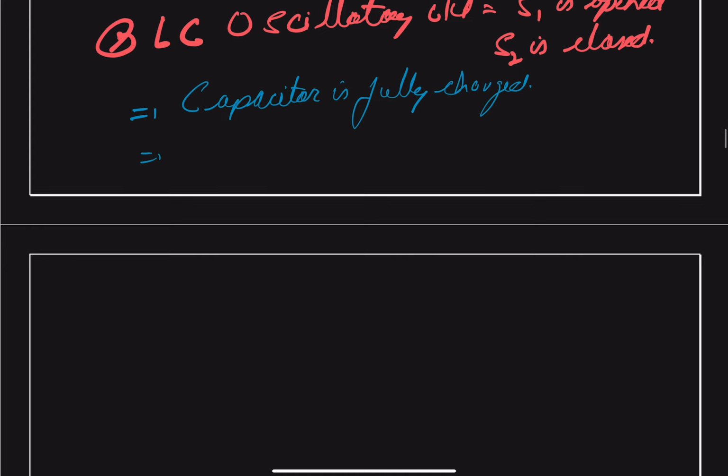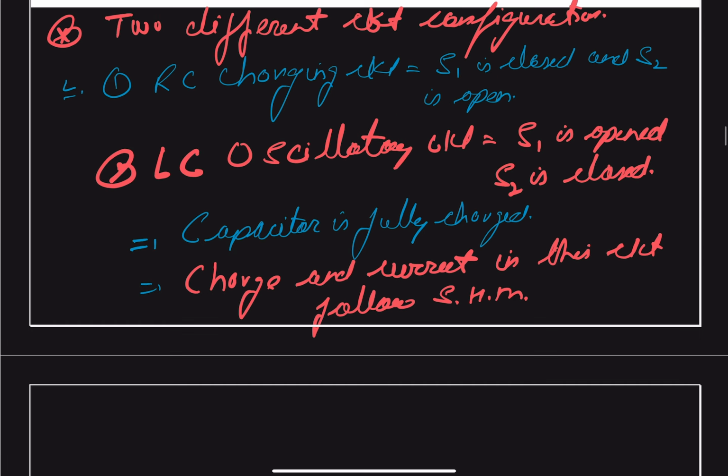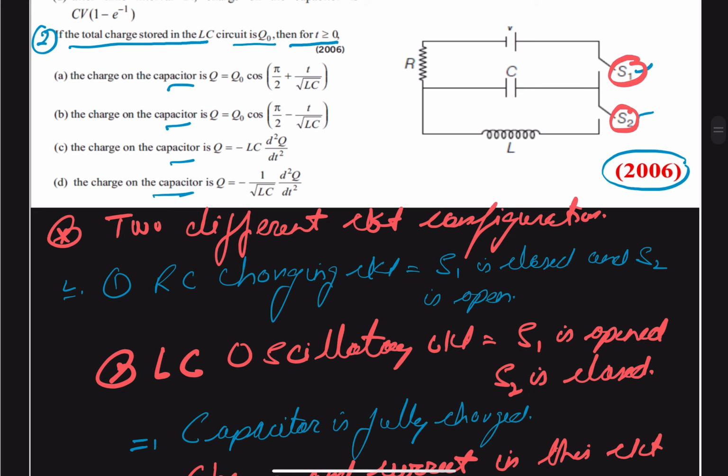So you can say charge and current in this circuit follow SHM, because there is no resistance in this particular circuit when S2 is closed, so it is going to behave like an LC oscillatory circuit.